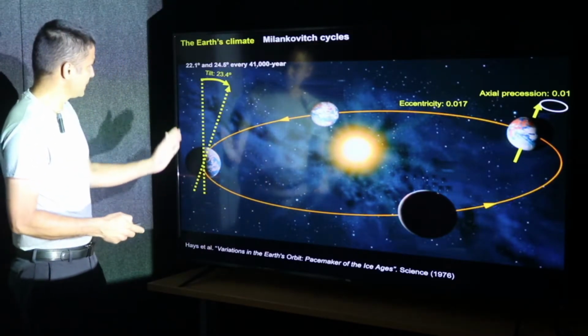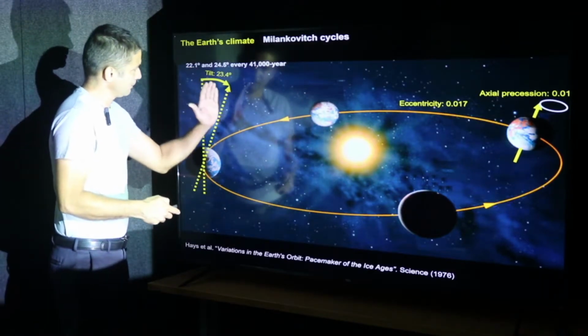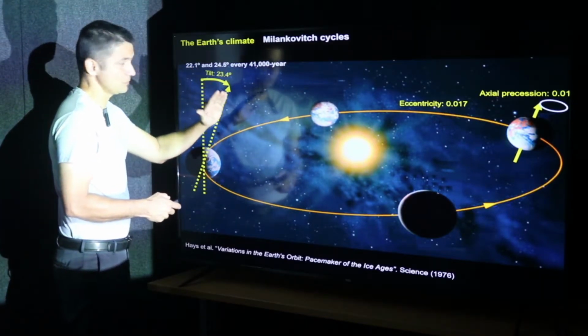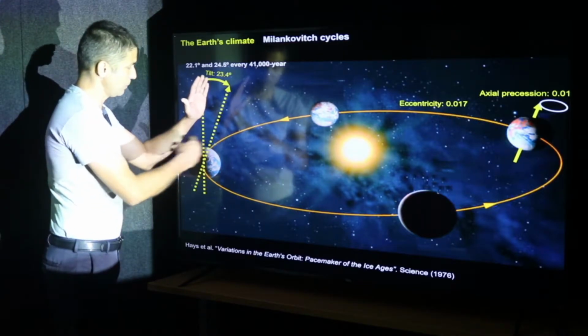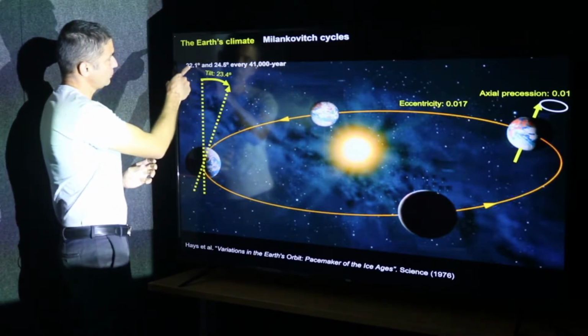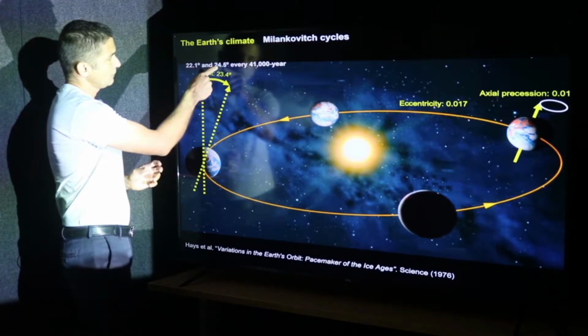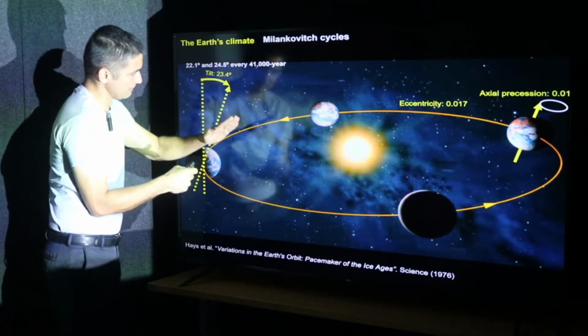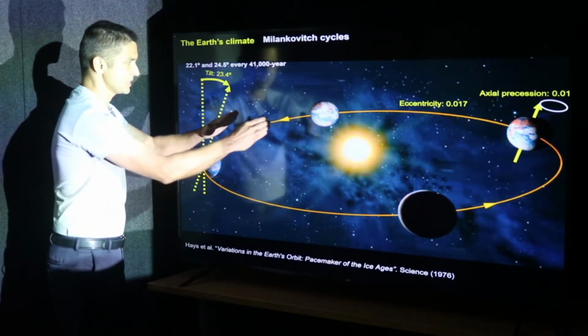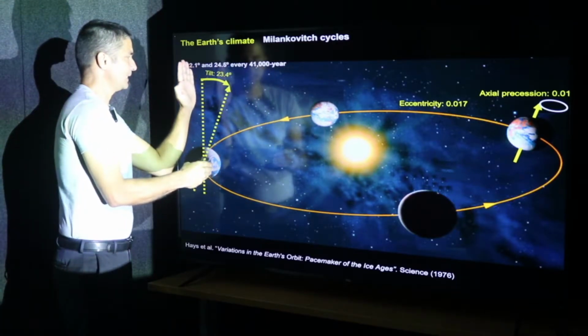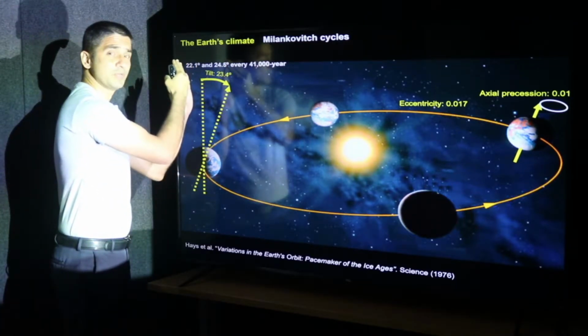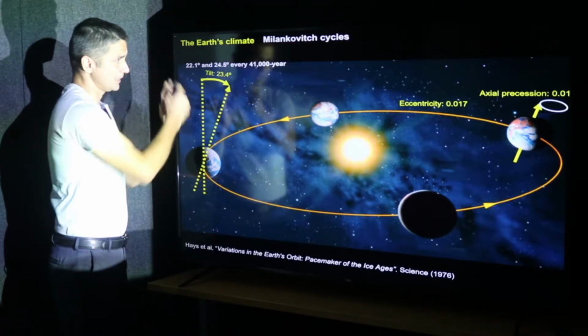Basically, what happens is this: the tilt or inclination of the planet, which, as I explained to you, determines the winter or summer, changes between 22.1 all the way up to 24.5 degrees. There are times that we are much closer to the sun, and times when the tilt is more vertical, so the northern hemisphere is farther from the sun and we get colder.